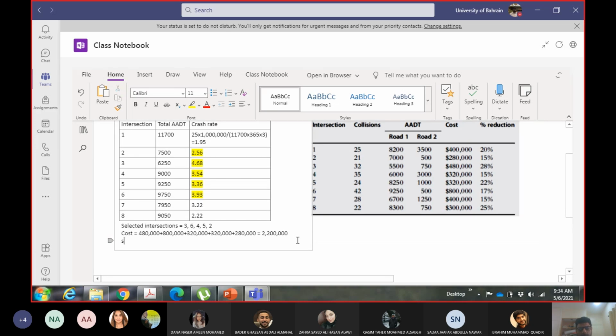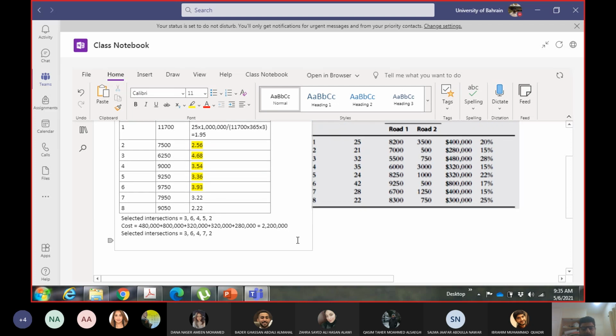Let me write the other approach as well, which is taken by the book, and this is totally based on number of accidents. They are saying take 3, 6, then 4, and then 7, and then 2.